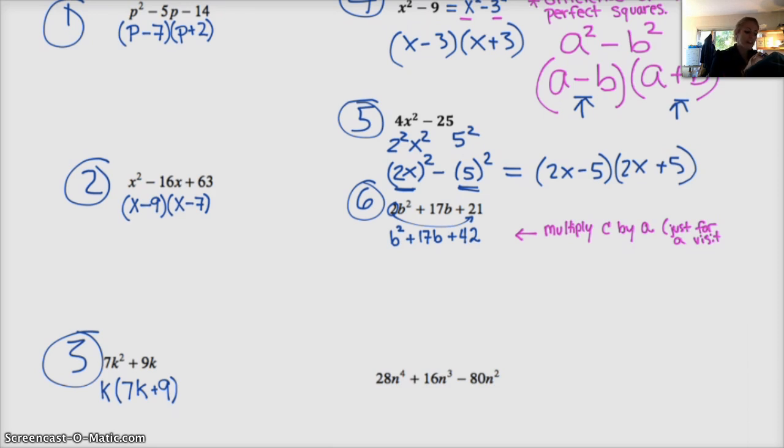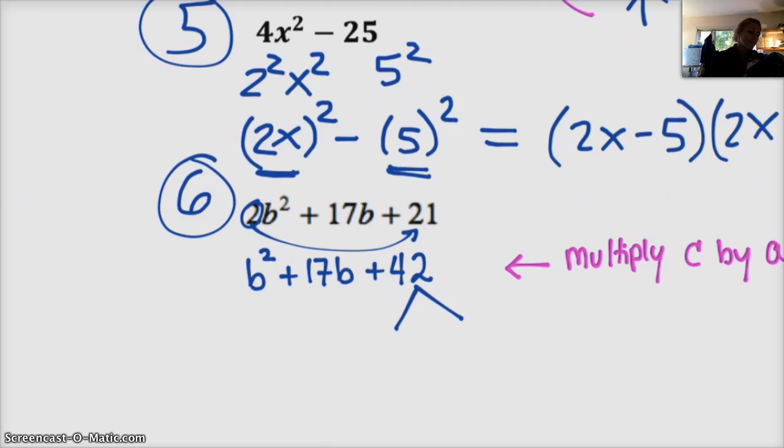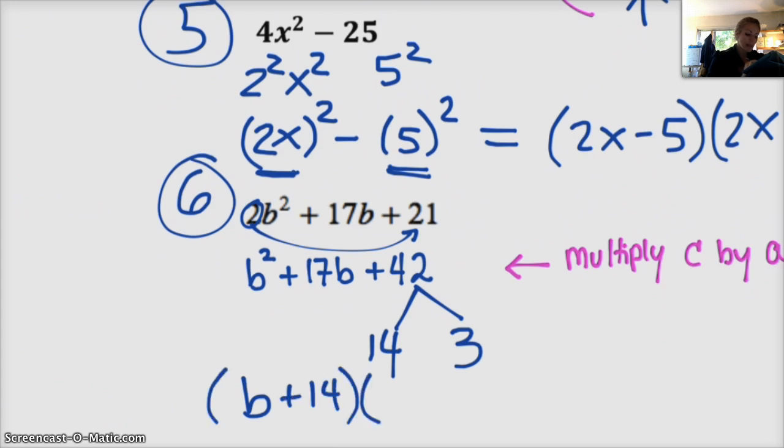So we want to find the factors of 42 that add to 17. After a little thinking, you could probably figure out that's 14 times 3. So this factors to be b plus 14 and b plus 3. So that's your next step, is just factor.